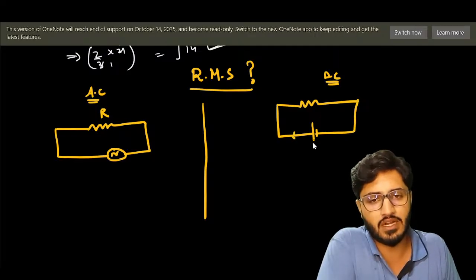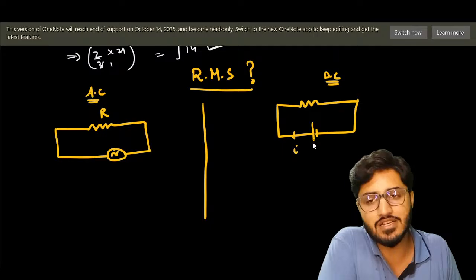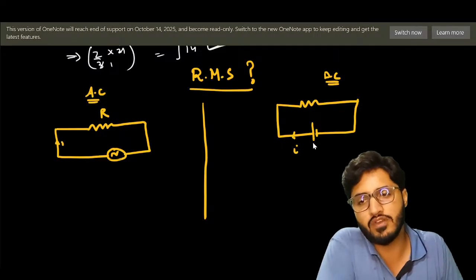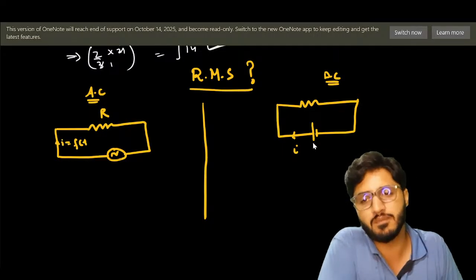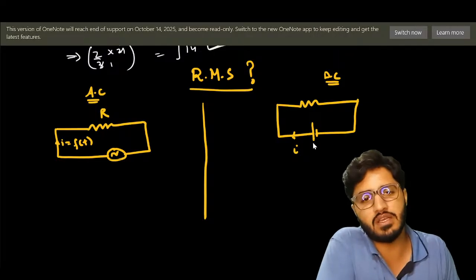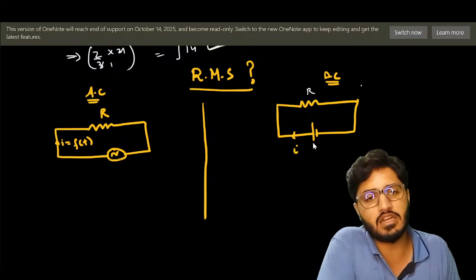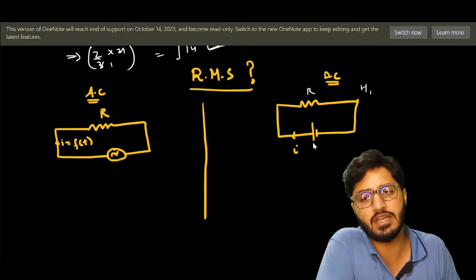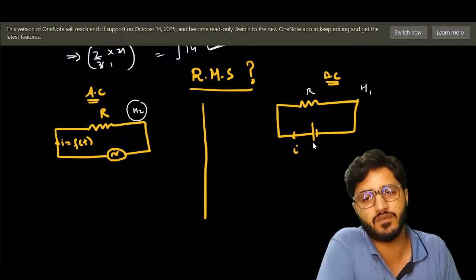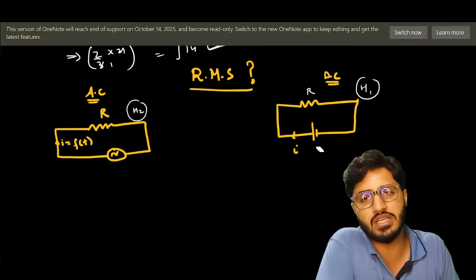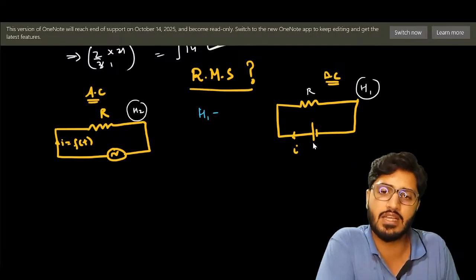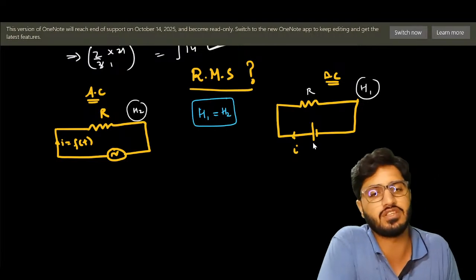Clear? Current I is flowing at a particular instant of time. Now it is a function of time. What will happen now? Here heat will dissipate, heat H1. Here H2 heat will dissipate. We are assuming that both heats are the same. That means heat production in AC equals heat production in DC. What is heat?